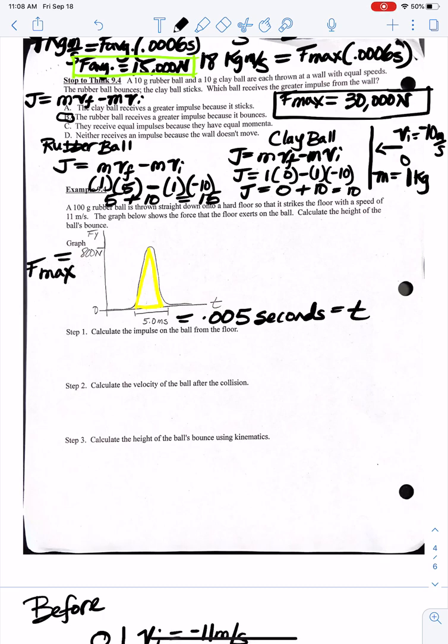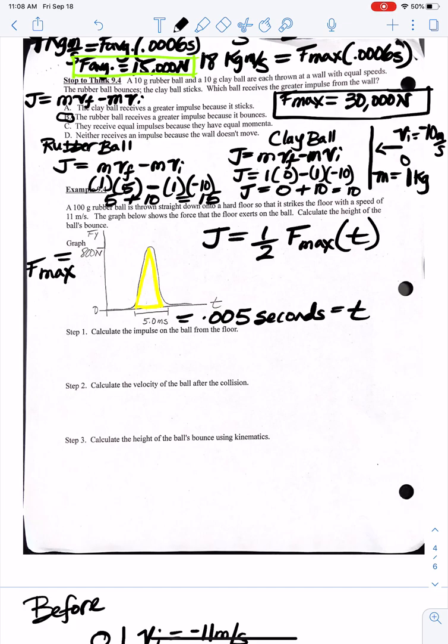So if that's the case, then we're going to be using our area formula again, because the area is equal to impulse, and specifically the area of a triangle when we're dealing with the force max. If it was a rectangle, we'd be dealing with the average force. Okay, but we know it doesn't stay at 800 newtons all 5 milliseconds.